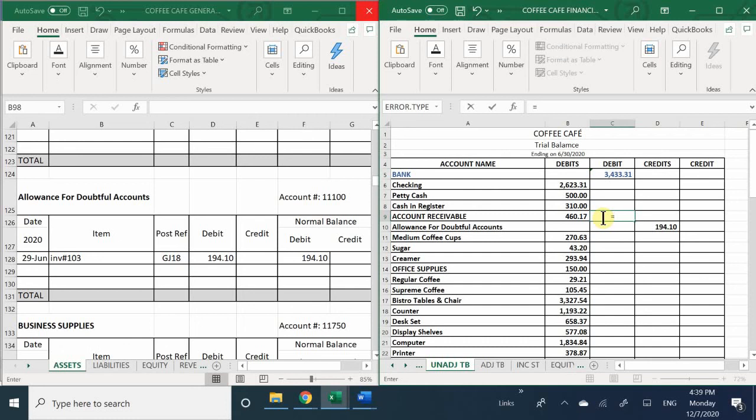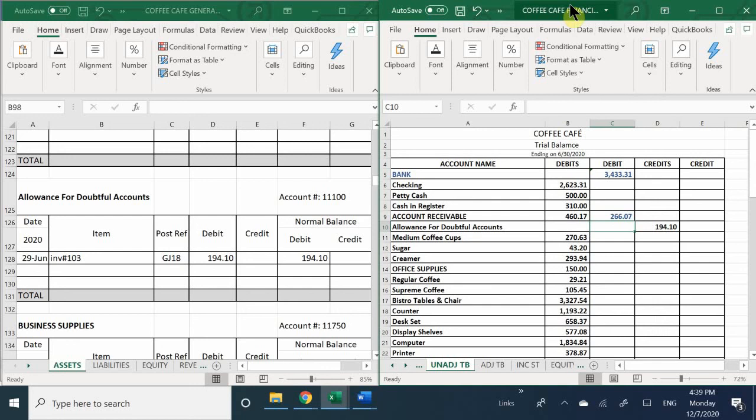It decreases the main account. So you're looking at 460 minus this 194.10 to bring your total accounts receivable to 266.07.